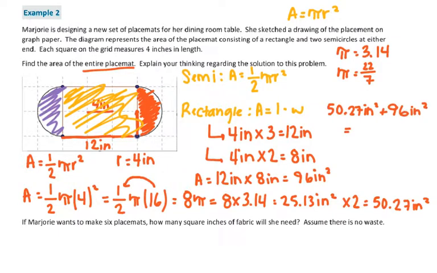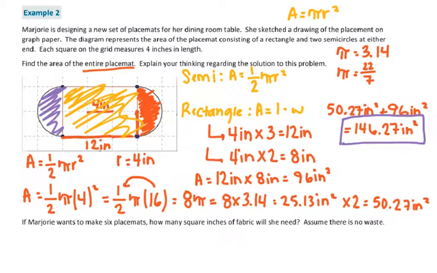And so when we add those two numbers together, we get 146.27 inches squared. And that is the area of our entire shape. So that is the entire inside area of that shape, both the semicircles and the rectangle combined.